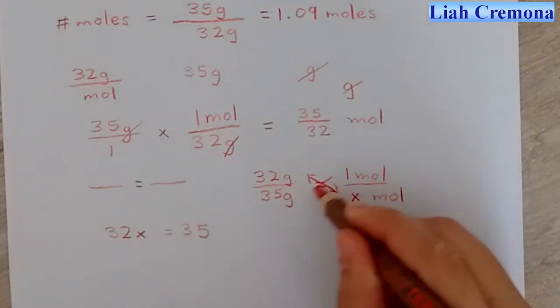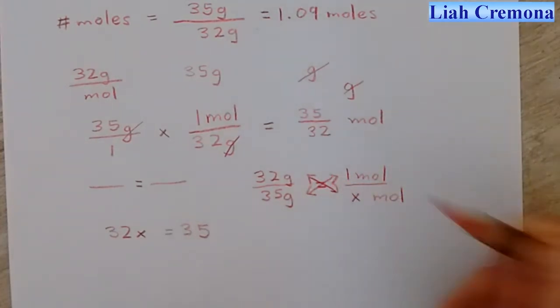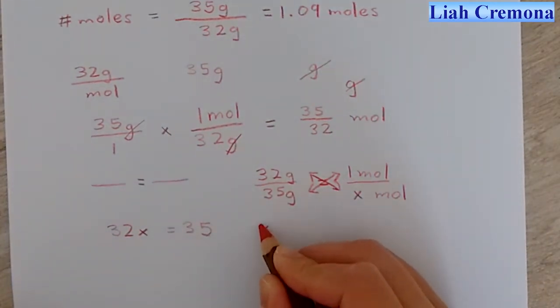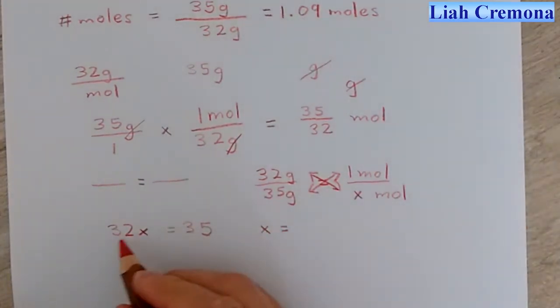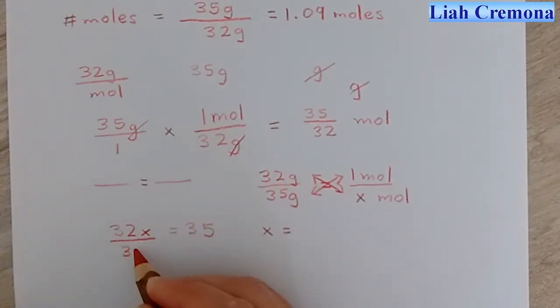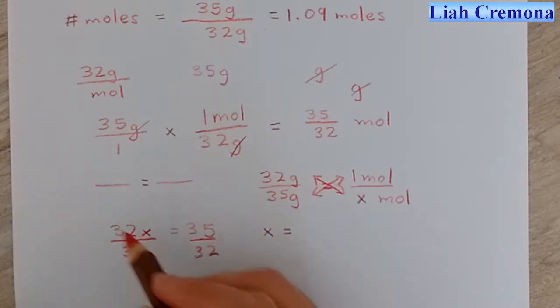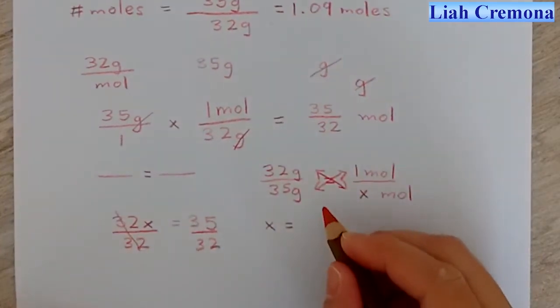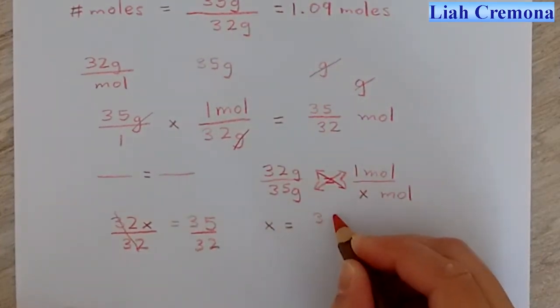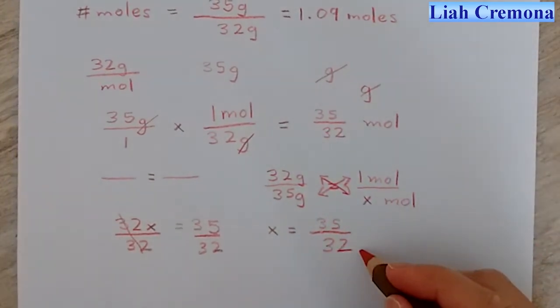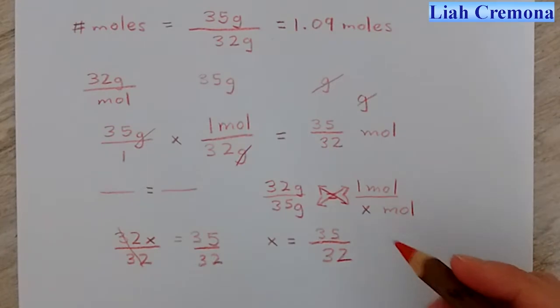Here it's just cross-multiplication. And solving for x, we divide both sides by 32, so that 32 can cancel out on the left side, which leaves us with 35 over 32, which is the same answer as we got before.